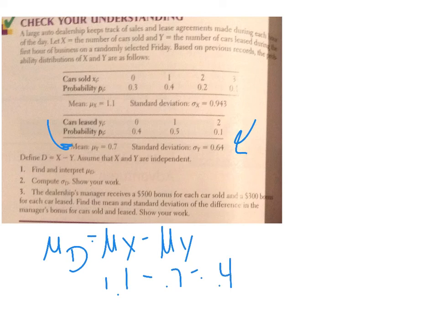That tells me that over many, many Fridays, the dealership sells about 0.4 more cars than it leases during the first hour of business. This is a very specific problem, so you have to include all of that in your context: that this is only on Fridays, only during the first hour of business, and that they're selling 0.4 more cars than they are leasing on average.